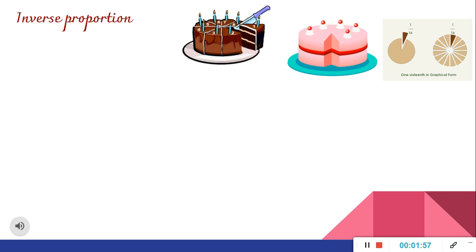That time, the size of the slice was bigger than the second case, right? So this shows that the size of the slice is inversely proportionate to the number of kids, right? So as the number of people increases, the size of the slice decreases, right? So this is an inverse proportion.